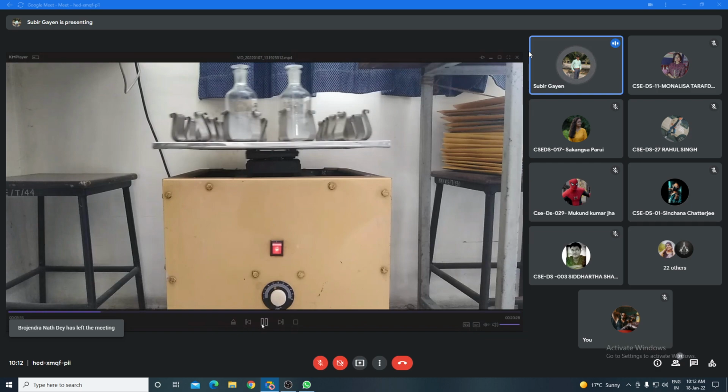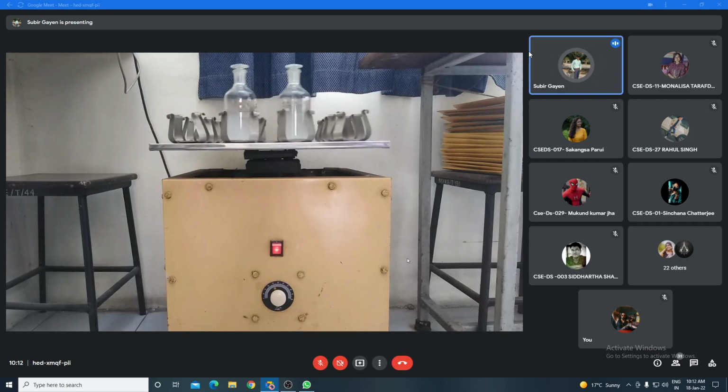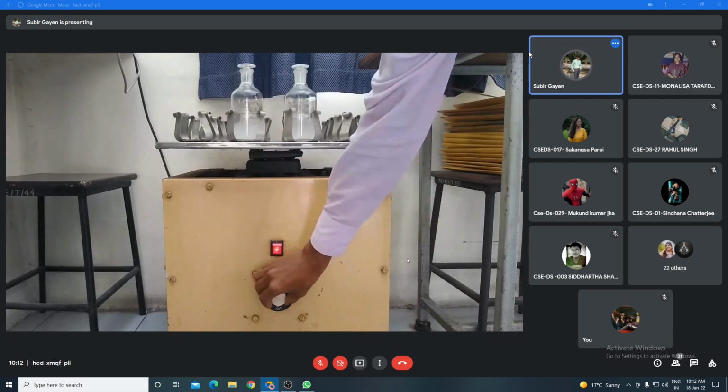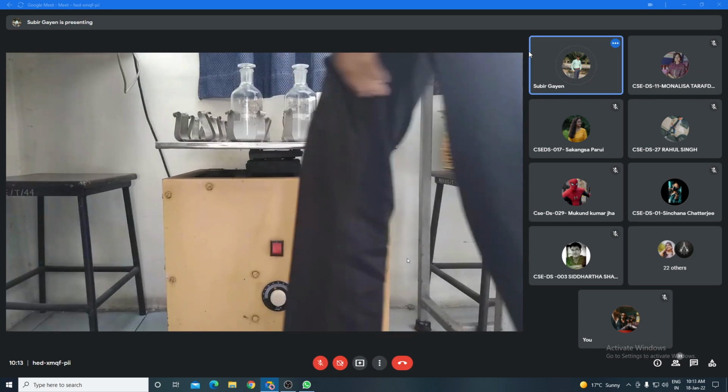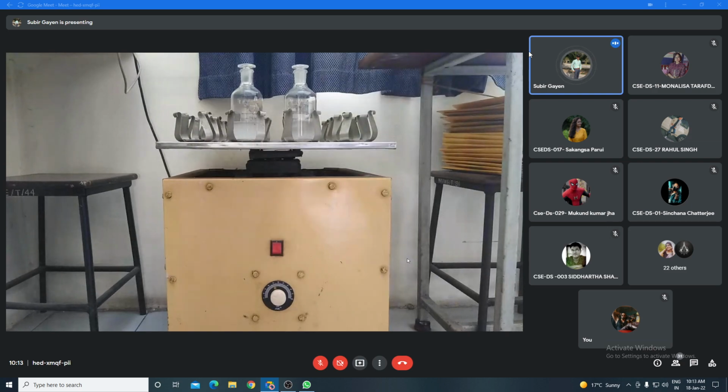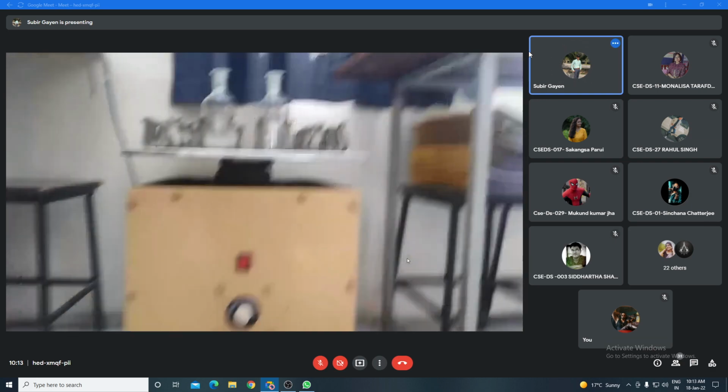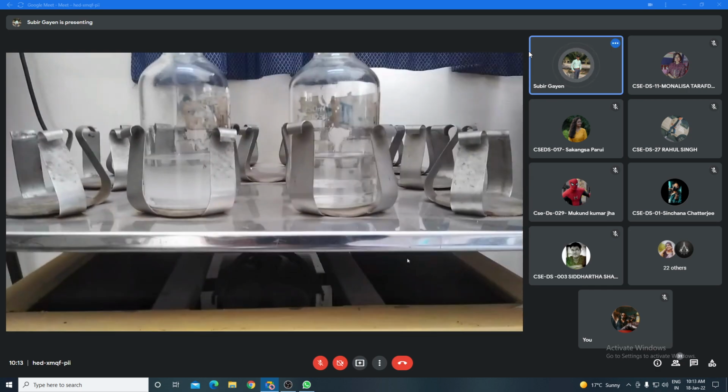Now I will stop the machine. And you have to wait again for 5 minutes for settlement of the layers. Now see, you can see the layers.